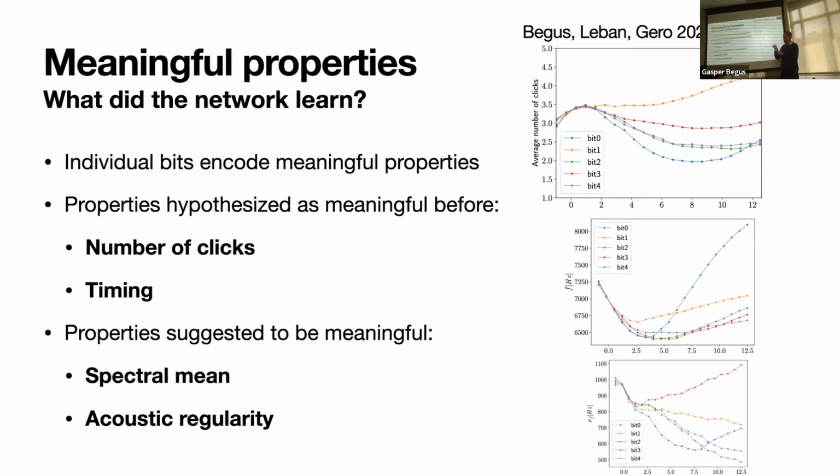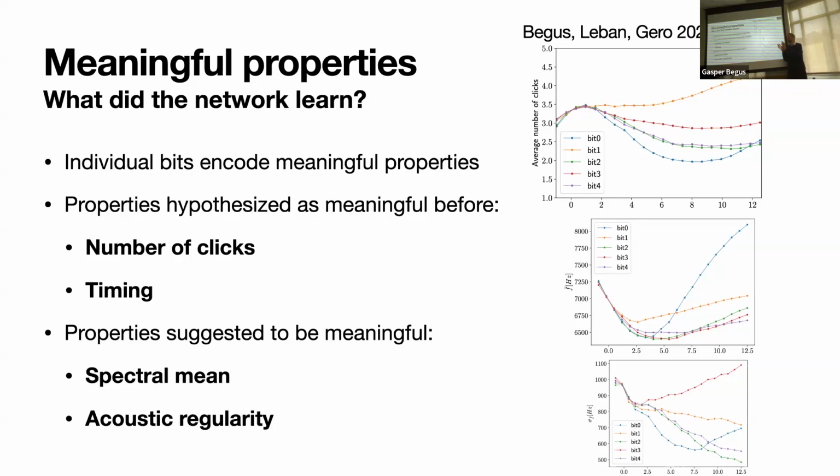It used individual bits to encode information with spectral means and regularity. And you can get that by, this is sigma f, right? So frequency, you can see that one bit kind of flashes out as something that encodes spectral properties as you're forcing.